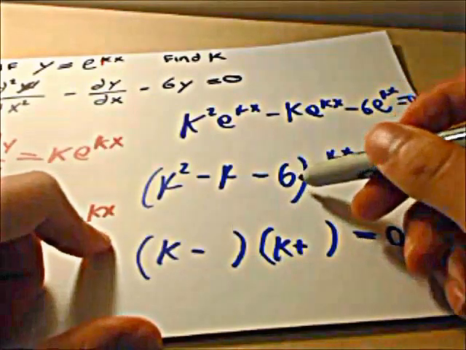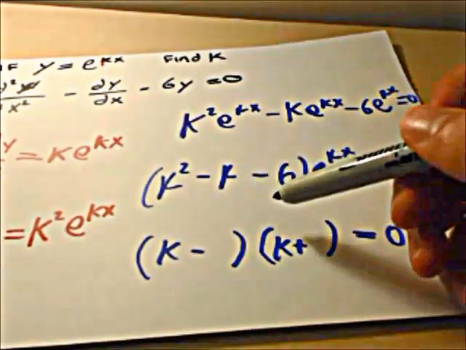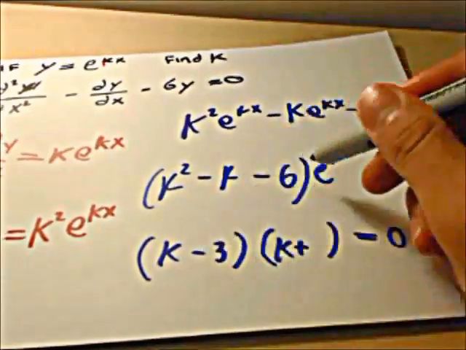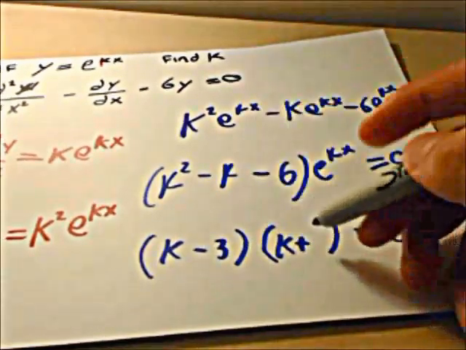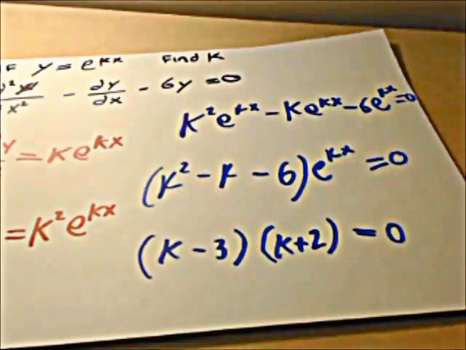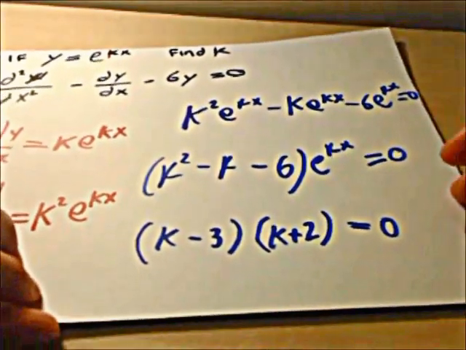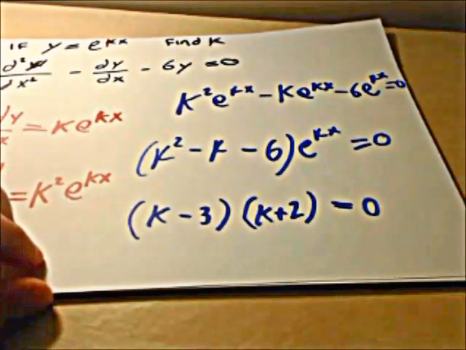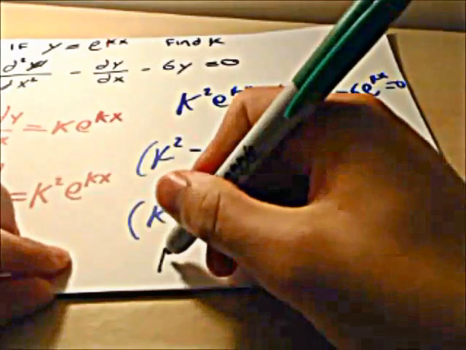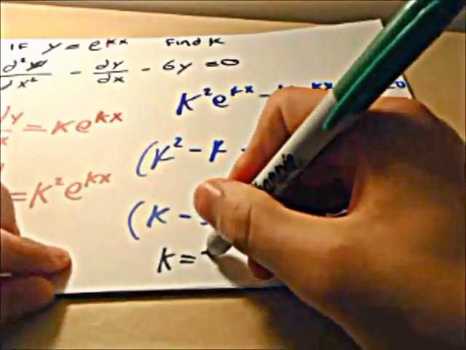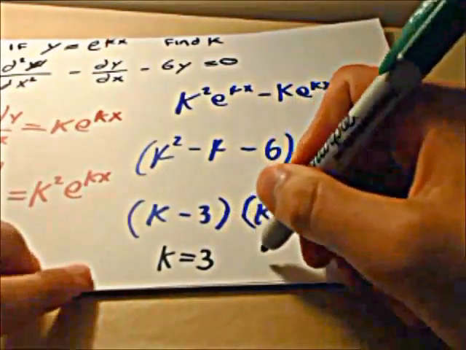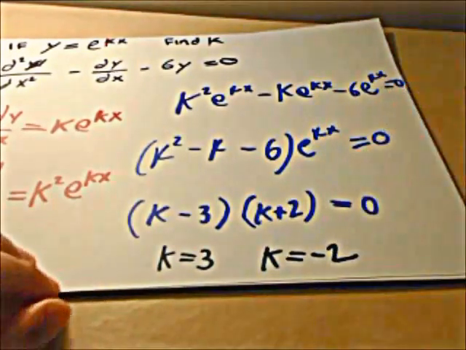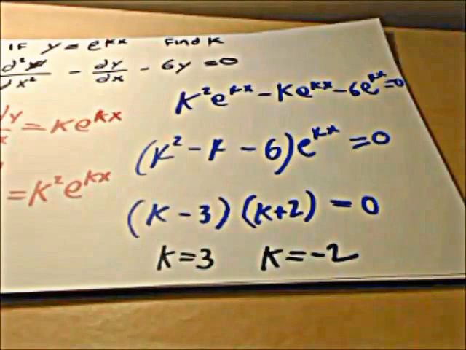We need two numbers that multiply to 6, and the difference between them is 1. That's 3 and 2. The 3 takes the minus of the middle term. So (k minus 3) times (k plus 2) equals 0. The solution for that is either k equals positive 3, or k equals negative 2.